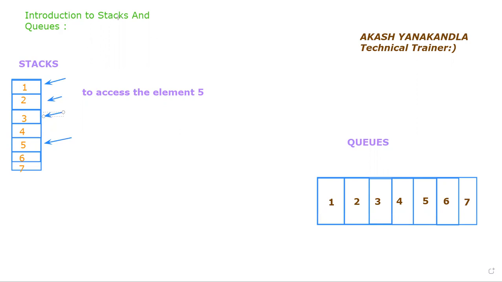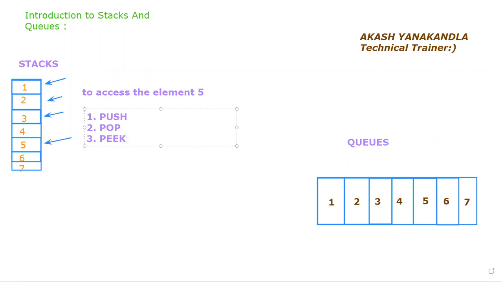So based on our discussion, for stack, we have 3 features, namely push operation, pop operation, and peek operation. When I say push, it means to insert a new element on the top of the stack.